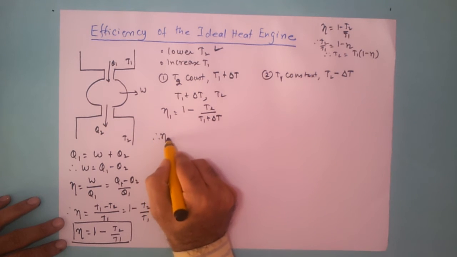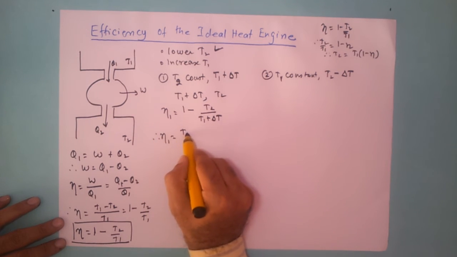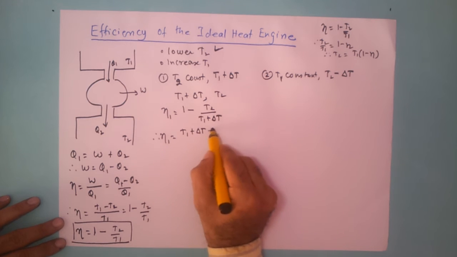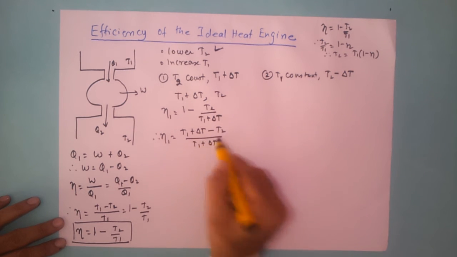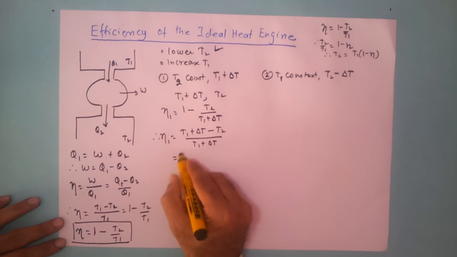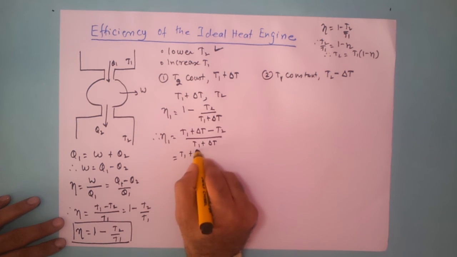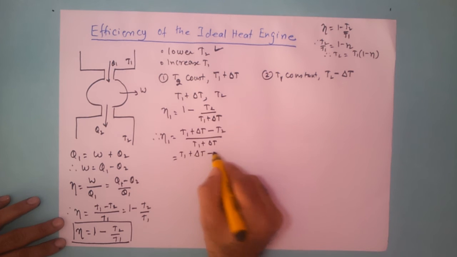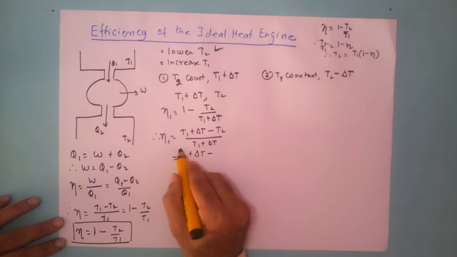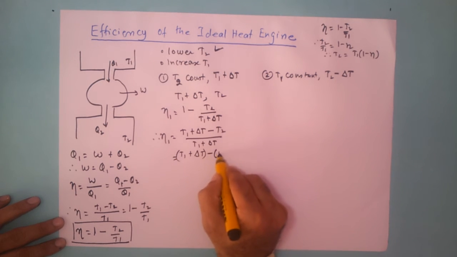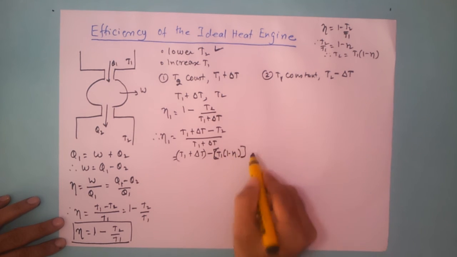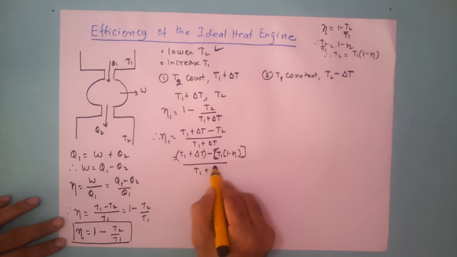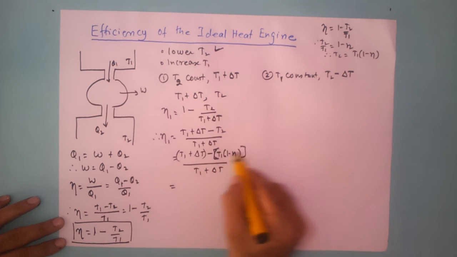Therefore, eta 1 would be equal to T1 plus delta T minus T2 upon T1 plus delta T, which is equal to T1 plus delta T minus, now T2 is T1 into 1 minus eta, upon T1 plus delta T. To save time, I'll quickly solve this.